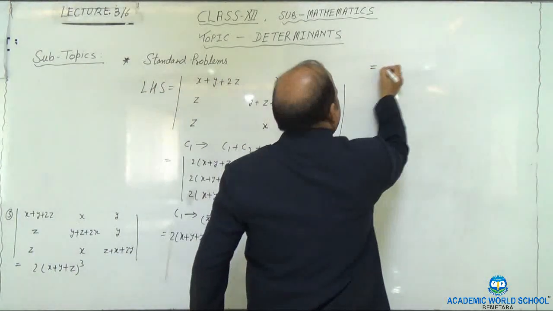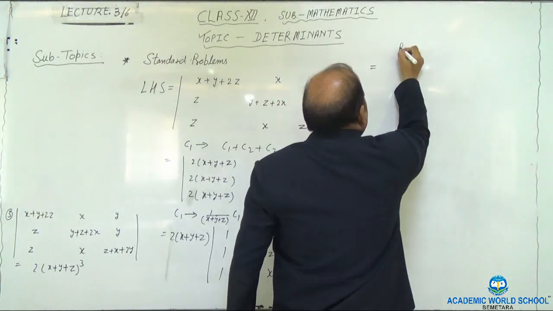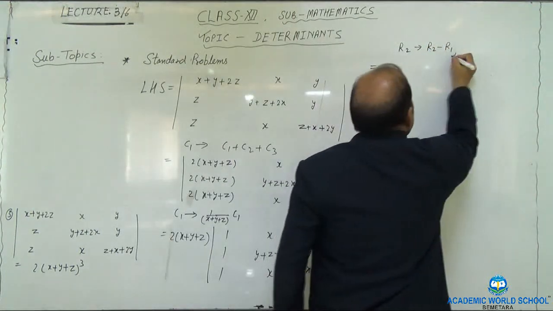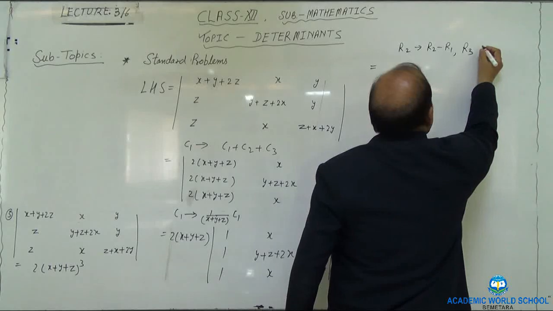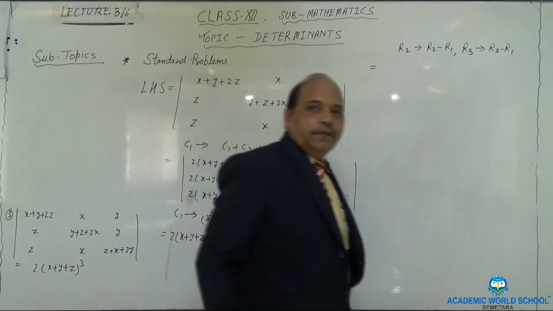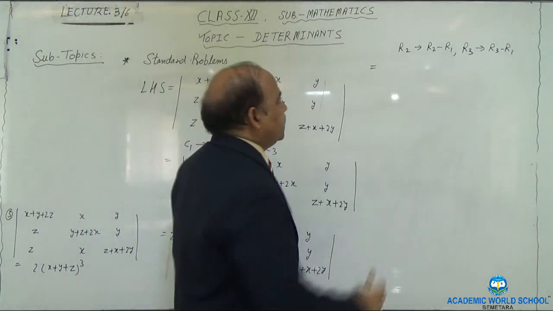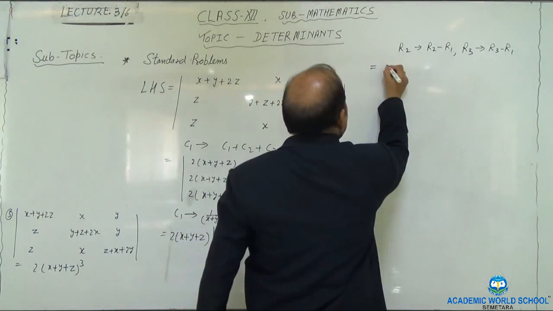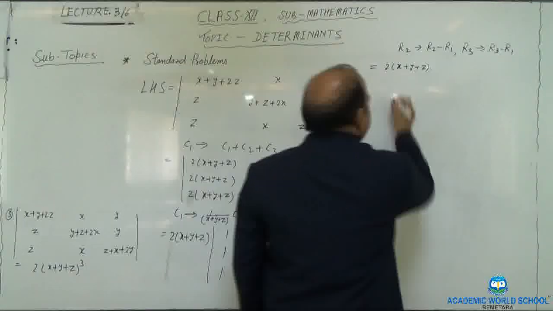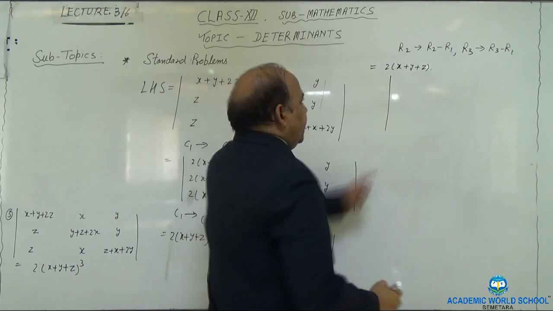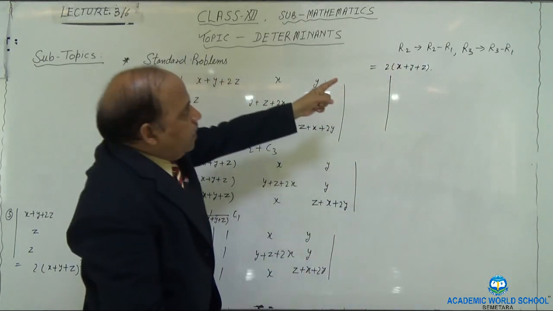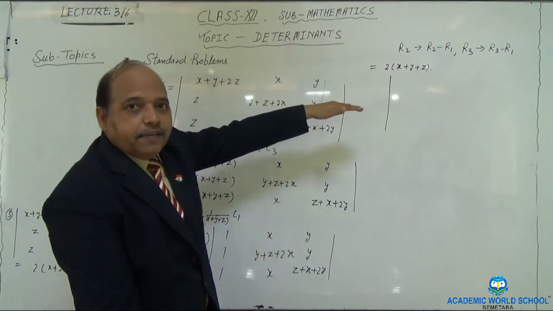We will do, in R2 we are making a change, R2 minus R1, and then in R3 we are also making a change, R3 minus R1. So if we do these two things, what will happen? Look at this, 2x plus y plus z is already taken, no change in R1. So R1 will remain as it is.